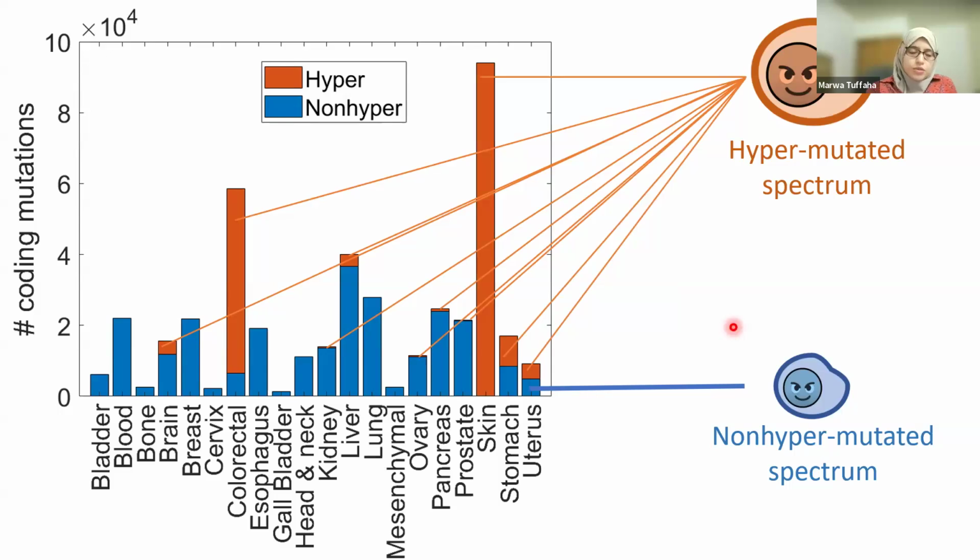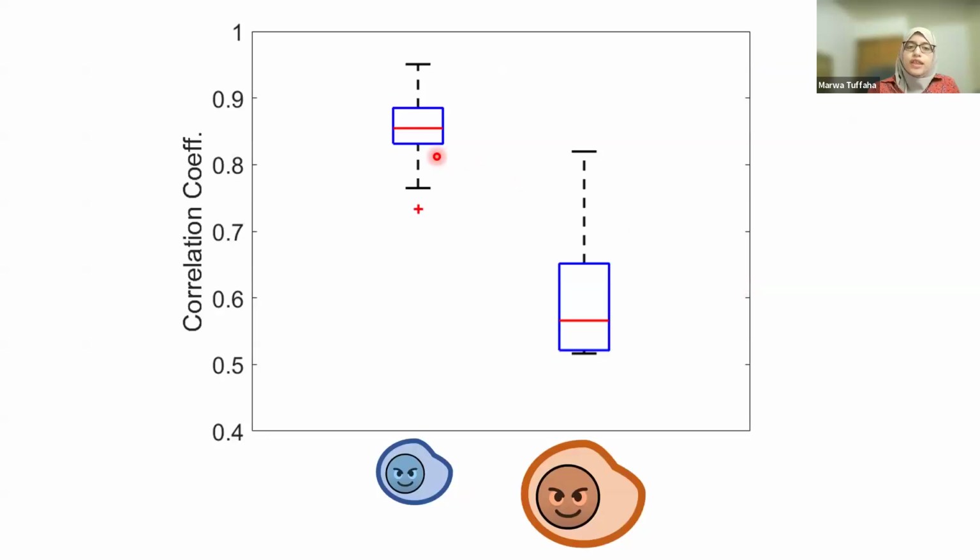The first thing we wanted to test is whether there is a difference between the three-mer spectra of the different tissues. For instance, we want to test whether bladder has a different spectrum from the hypermutated samples from the other tissues or not. So we correlated the three-mer spectra for each individual tissue with the overall spectrum from the other tissues in the same category. We found that within non-hypermutators, there's a very high correlation coefficient, suggesting a similarity between the spectra across tissues and across donors, but that is not the case in hypermutators.